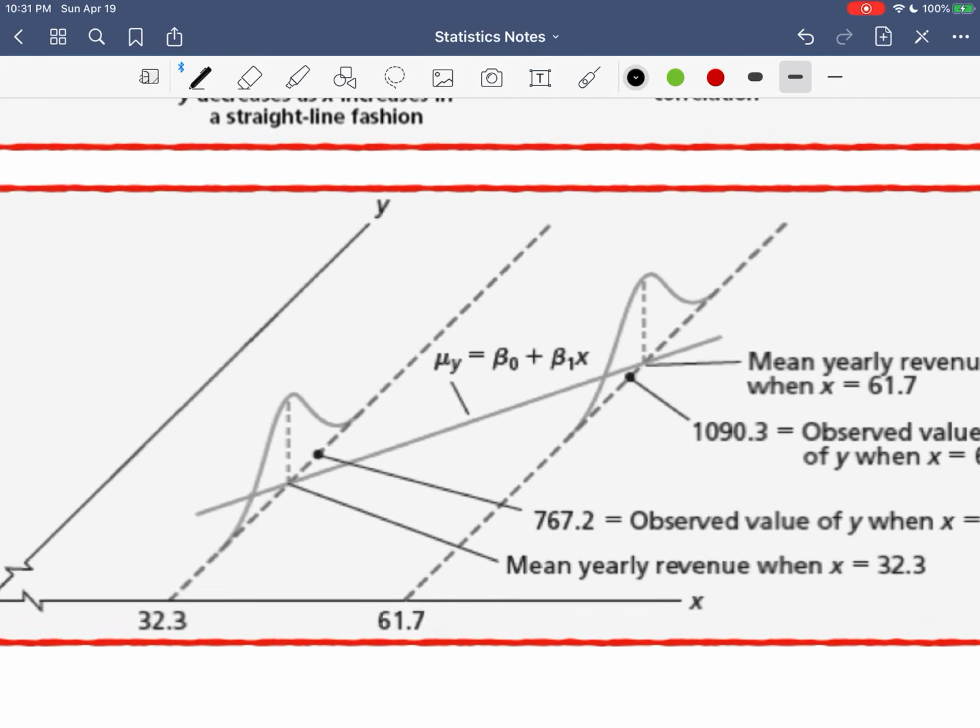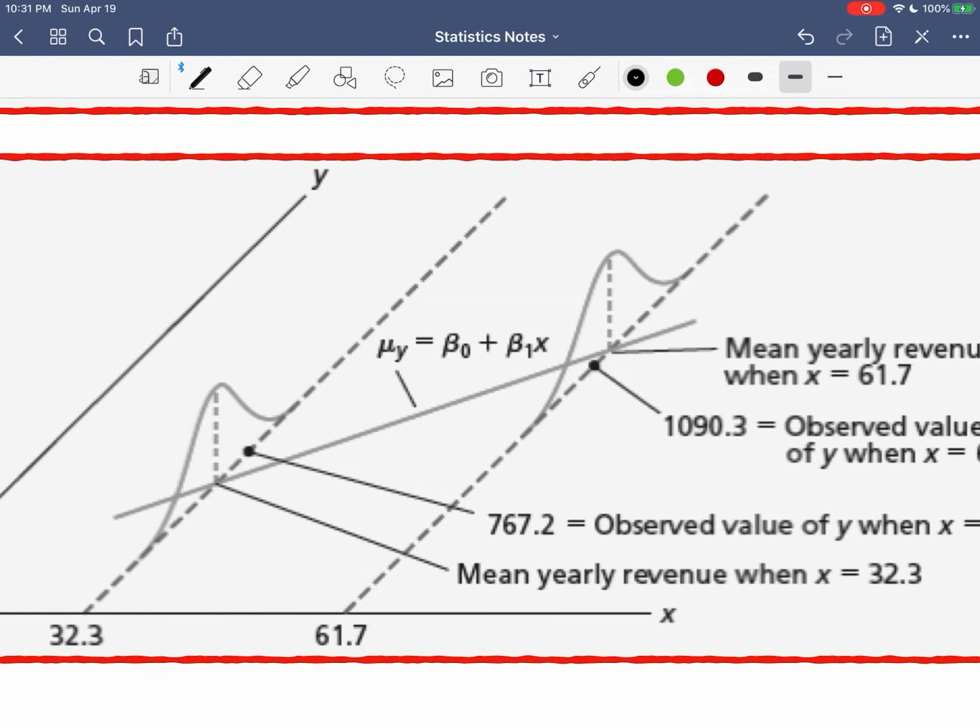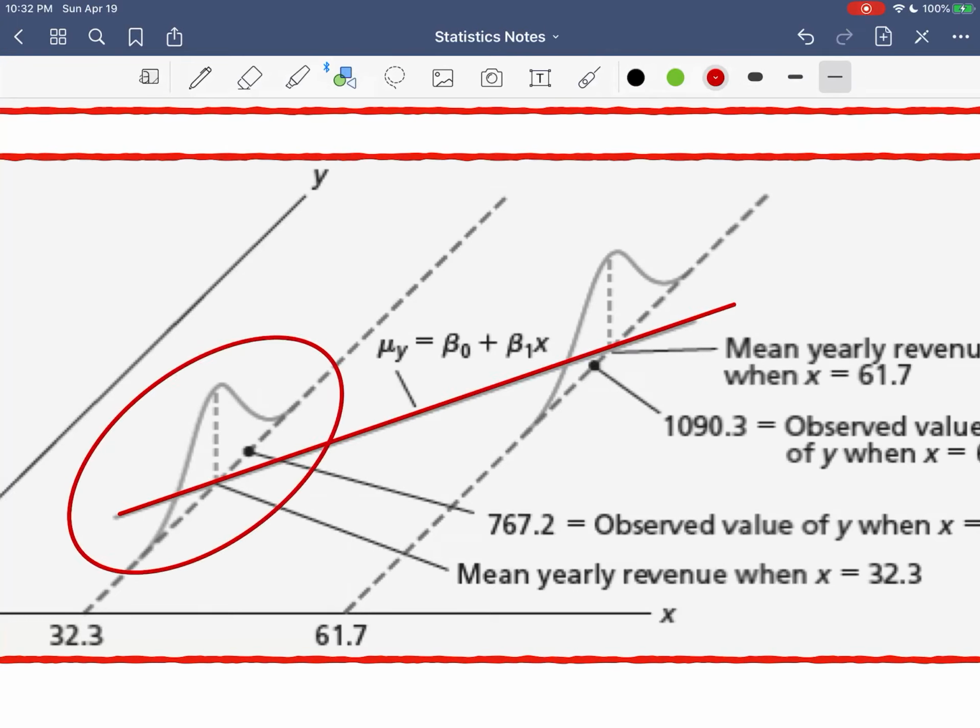So in an illustration right here, you can see that this is the estimation line. I'll highlight it here, maybe using a red line. So this is the estimation, and you can see here and here the error terms are supposed to be normally distributed around that line.